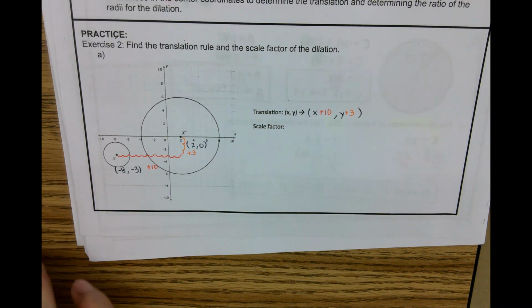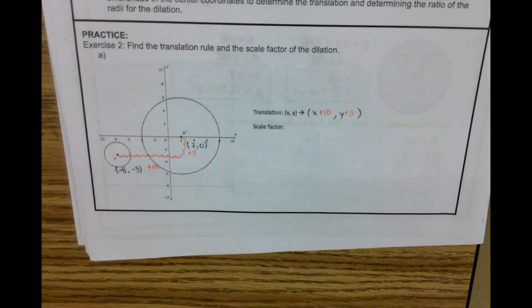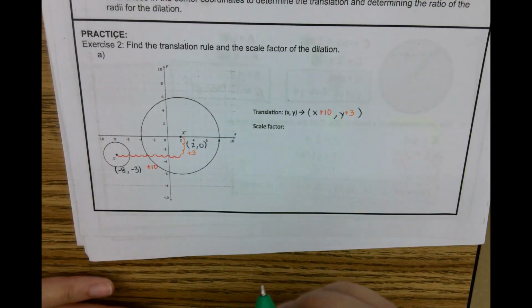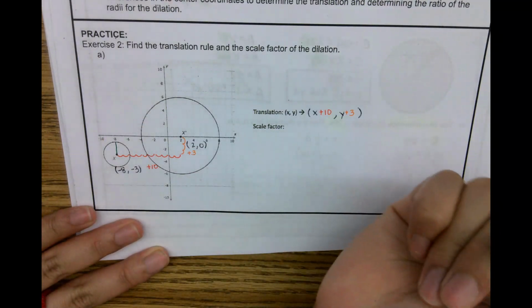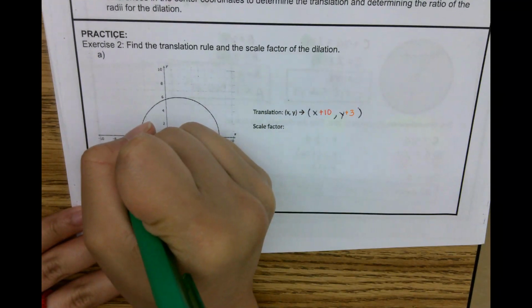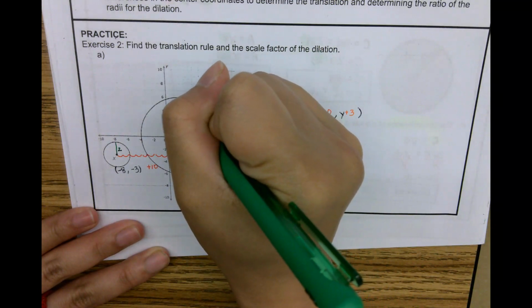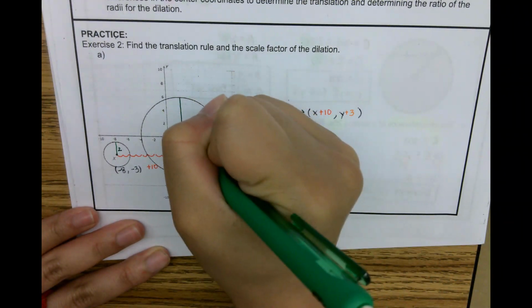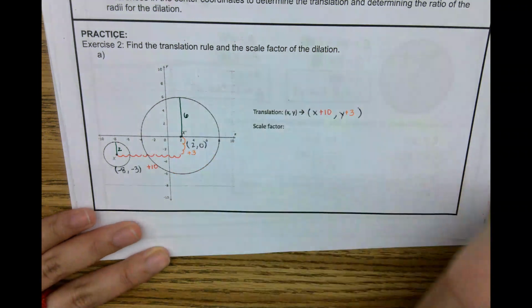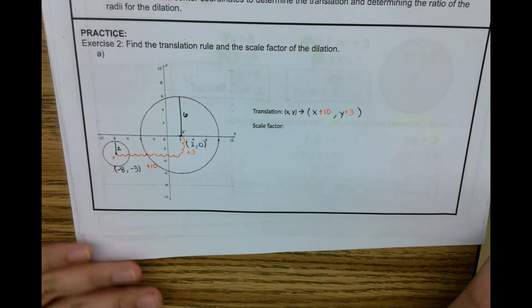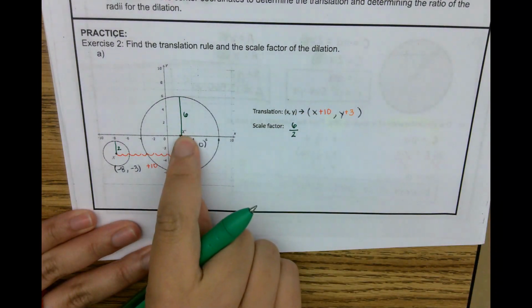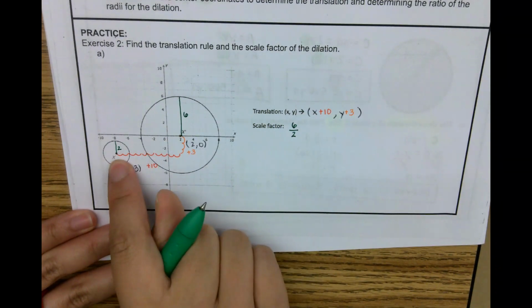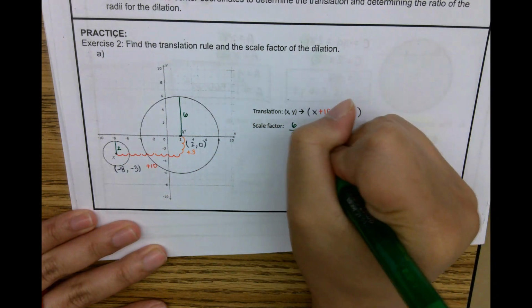Then looking at scale factor, we're going to look at our radius. I know we can't see it very well, but this has a radius of 2. And this has a radius from here to this edge of 6. So for our scale factor, 6 over 2, right? Image over pre-image, so 6 over 2 gives us 3.